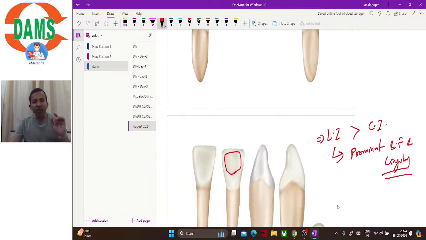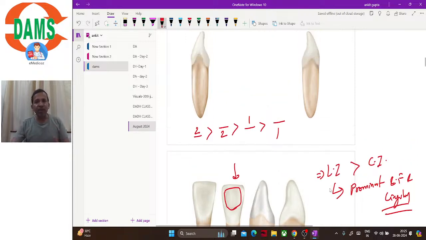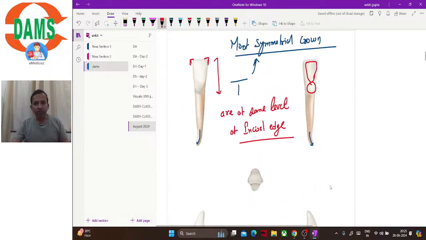Its fossa is more prominent than the mandibular lateral incisor. So if we were to write it down in a series, we would say that maxillary lateral incisor has most prominent lingual anatomy, followed by mandibular lateral, followed by upper central, and the least prominent would be mandibular central incisor, right? Its lingual surface is more or less smooth, right?